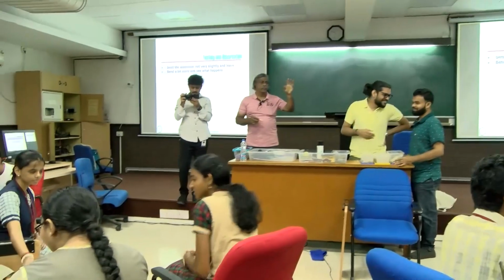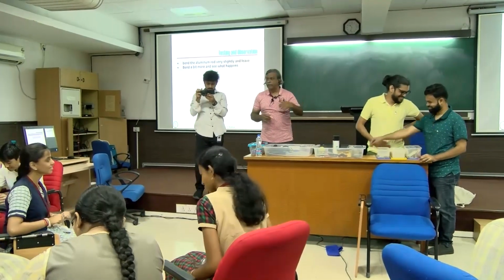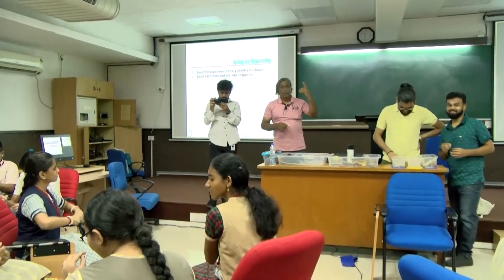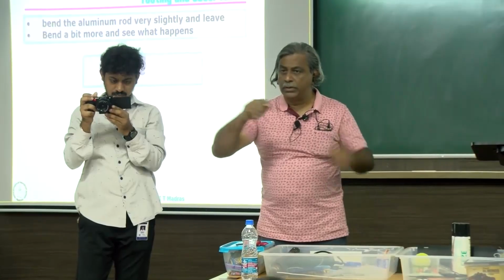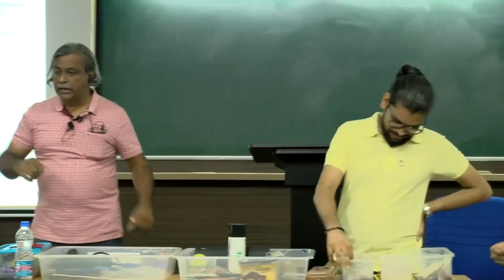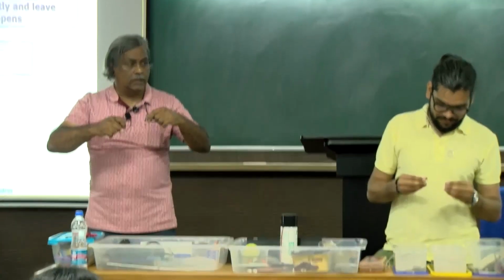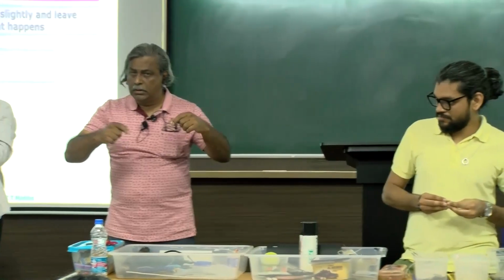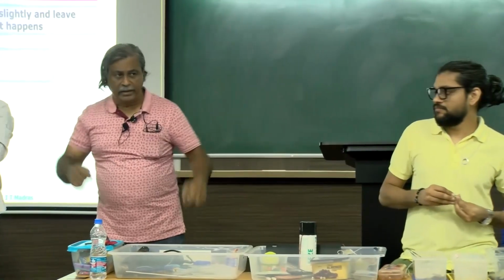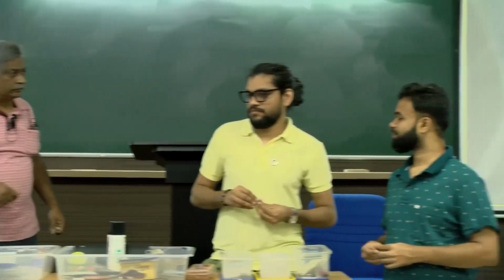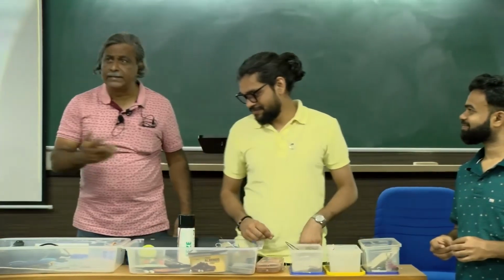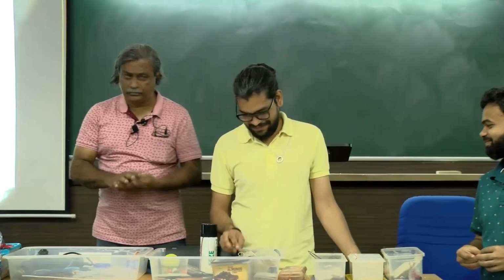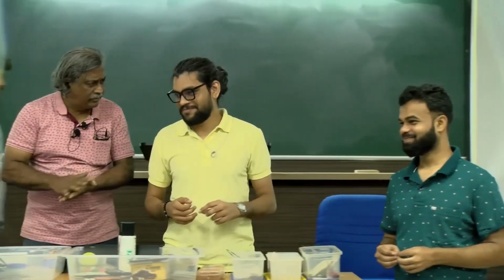Now, folks, listen to me carefully. When you did this on two materials, one was an aluminum rod, the other was a rubbery type of material. It's called TPU, right? What is TPU?